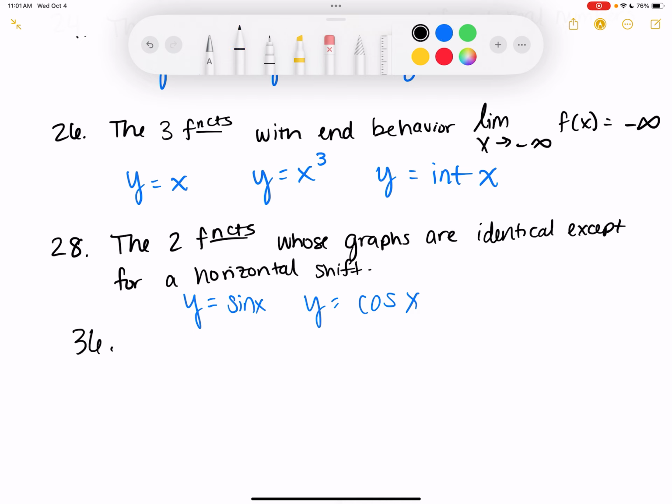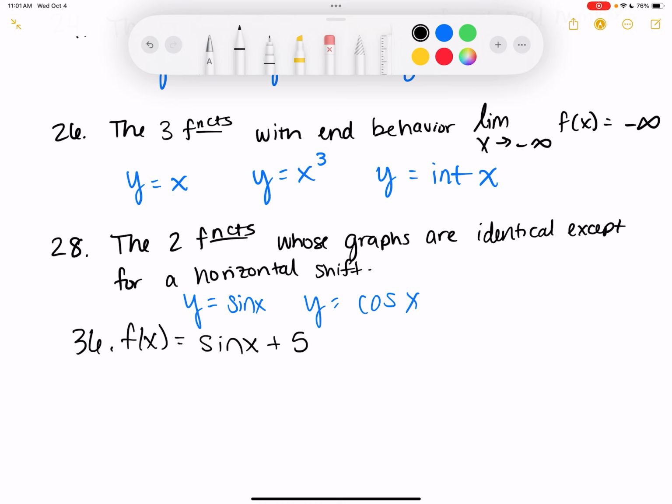Number 36 is the function f of x is equal to the sine of x plus 5. You said you want us to graph these? No, we are not going to graph these. I think I have the answer written down wrong. So just give me 1 second, because I do not want to tell you wrong.